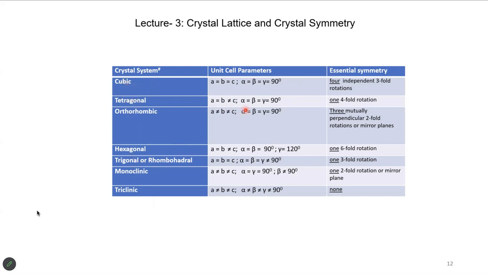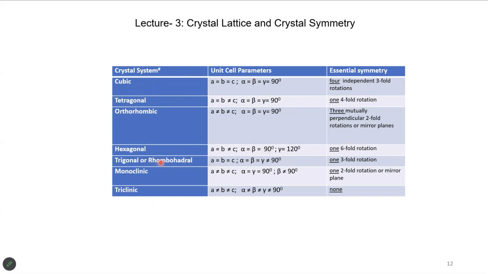For tetragonal, we must have one 4-fold rotation. Otherwise, it would not be tetragonal. For orthorhombic, we must have 3 mutually perpendicular 2-fold rotations, or 3 mutually perpendicular mirror planes. So we will call them orthorhombic. Similarly, for hexagonal, one 6-fold rotation, as well as these cell parameters.